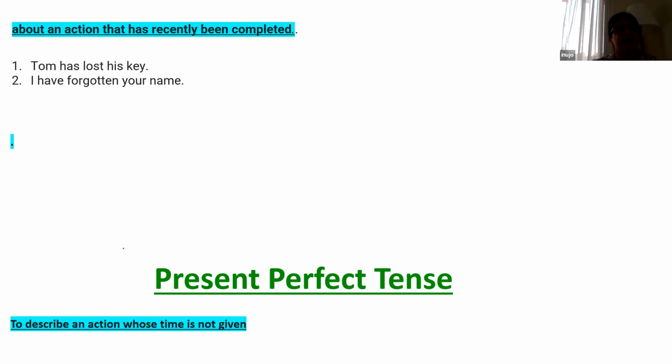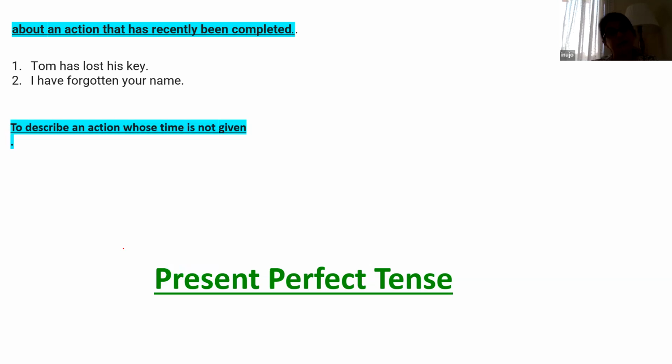Okay. Now, to describe an action whose time is not given. This is a very important thing. Children, this is not in your textbook, this is extra information. So what is this? Have you done MSc in maths? There is no time mentioned here. Have you done your masters in science? Or have you done your PhD? Or have you completed your education?